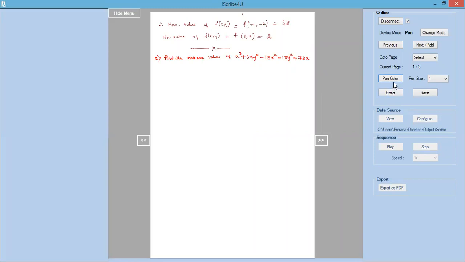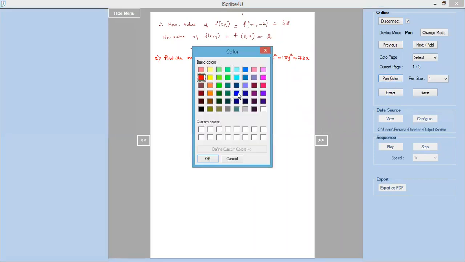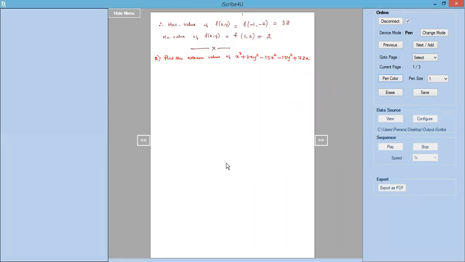So given a function of x comma y, we will find out the extreme values now. Let us first note the given function by f of x comma y. Let f of x comma y be x cube plus 3xy square minus 15x square minus 15y square plus 72x.